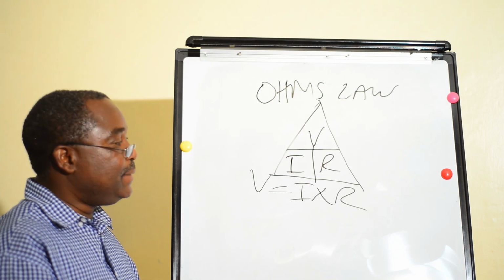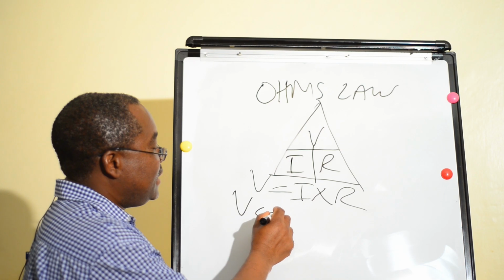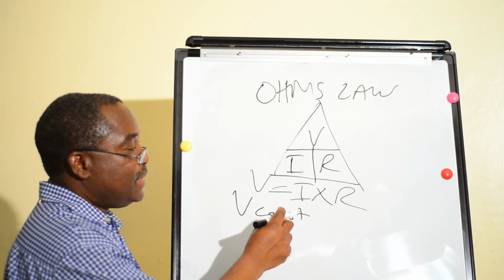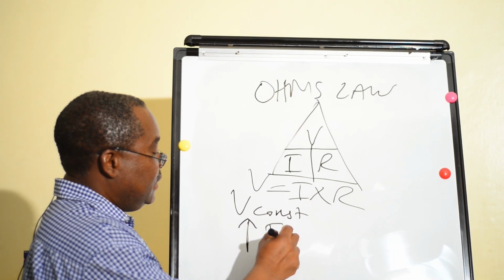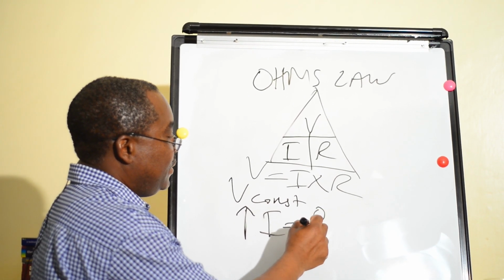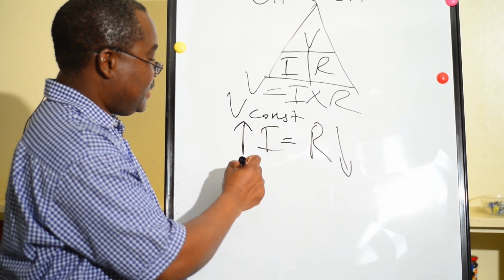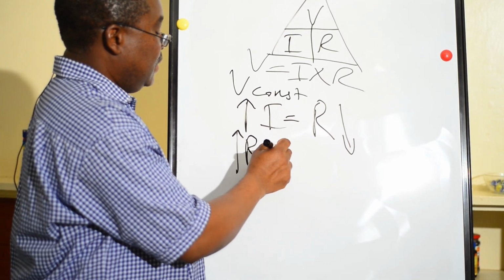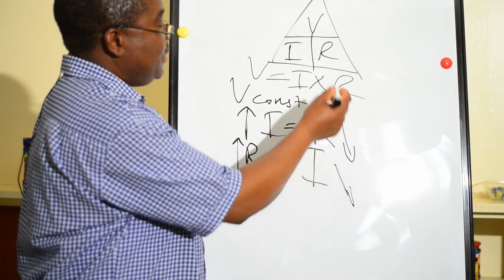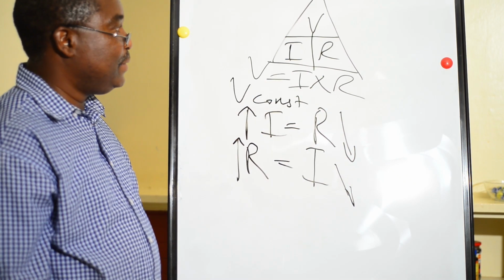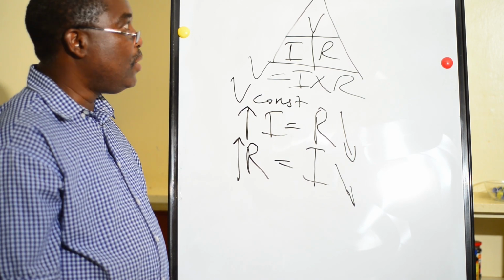When voltage is constant, if you increase the current, the resistance should be smaller. And when you increase the resistance, the current goes down. So this is the relationship between current, resistance, and voltage in regard to Ohm's law.